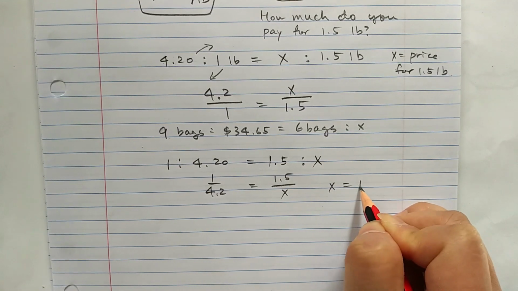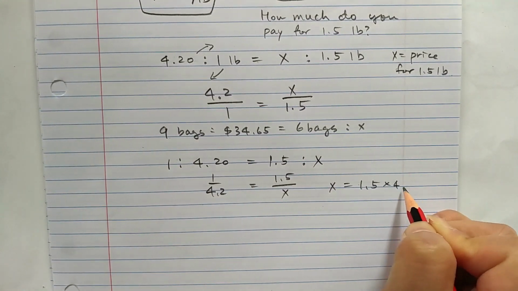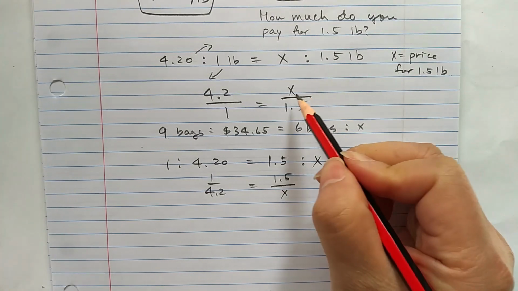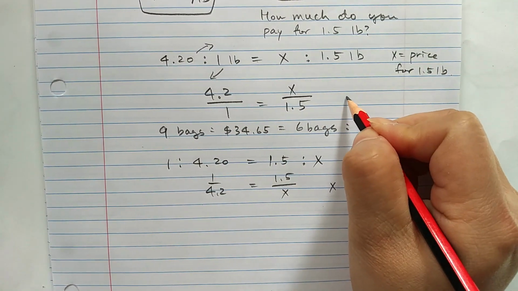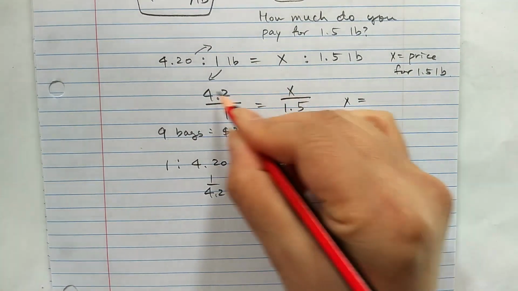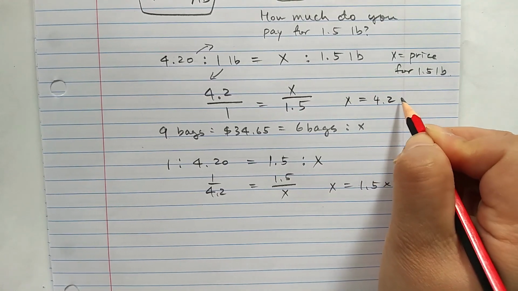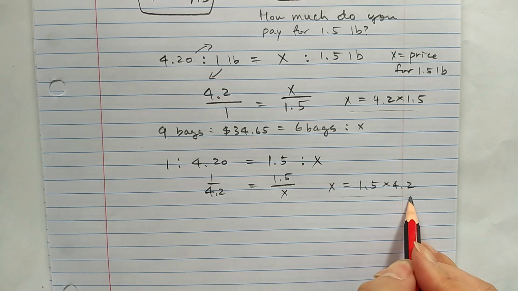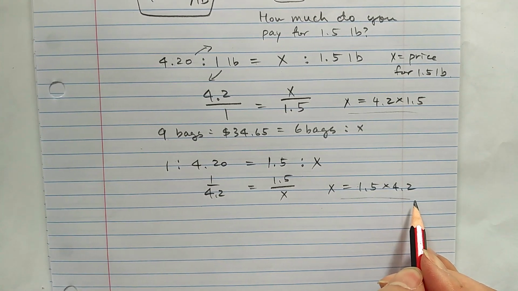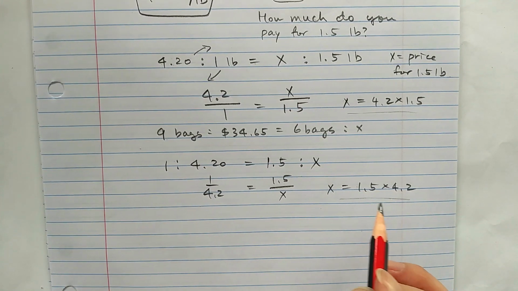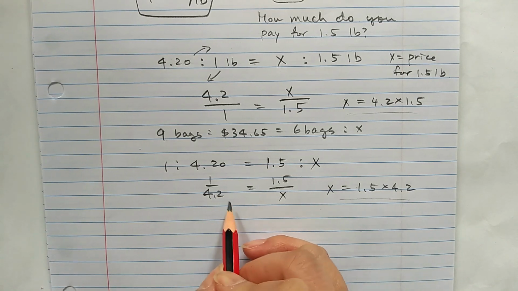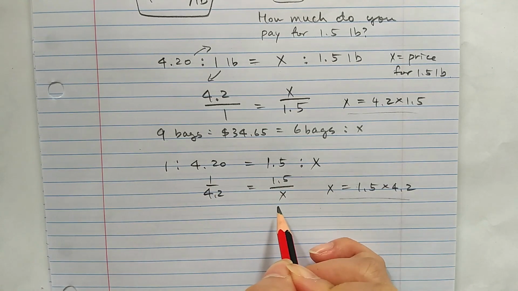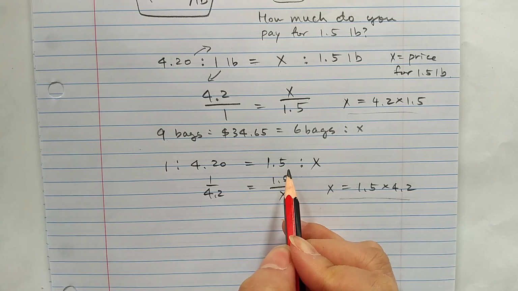X is equal to 1.5 times 4.2. Let's cross multiply these two. X is equal to 4.2 times 1.5. These are the same equations. When you get used to it, you don't have to change that to fraction form. You can just multiply directly.